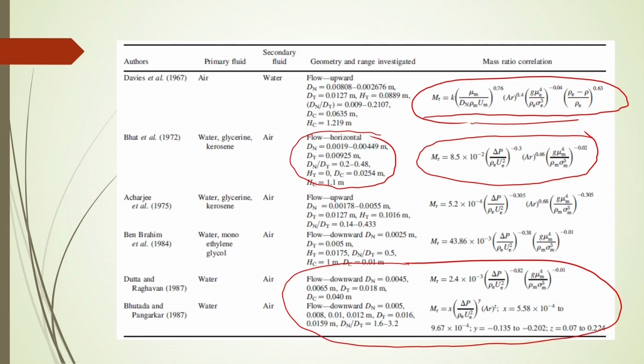One is geometric configurations like ejector, diffuser section, throat section, and even the nozzle diameter is one of the important ones, because a smaller nozzle will give you a higher jet velocity, that means more kinetic energy production, based on which you can get more mixing, more entrainment of the gas and more production of finer bubbles. And you can also say that there will be operating parameters like physical properties of the system there.